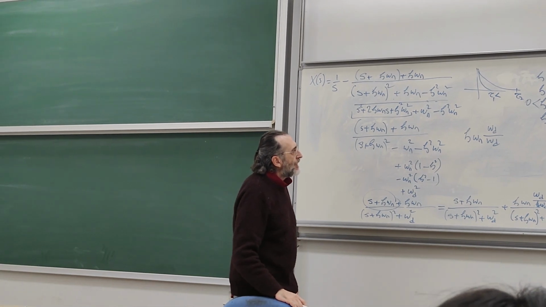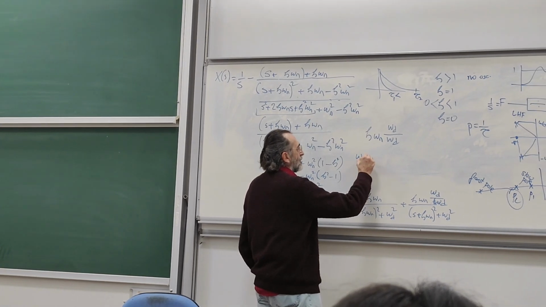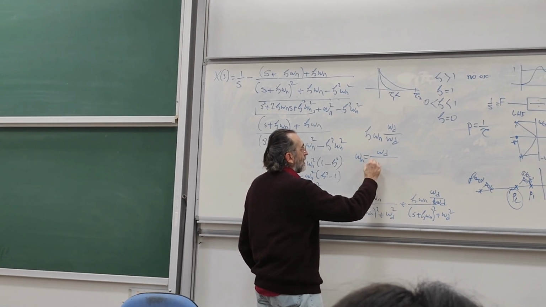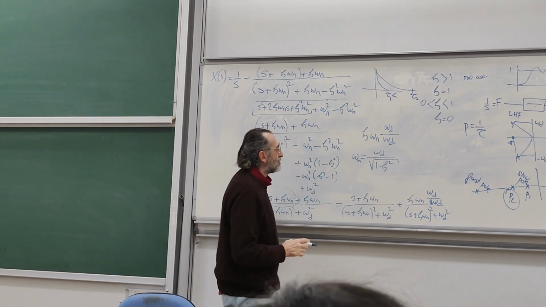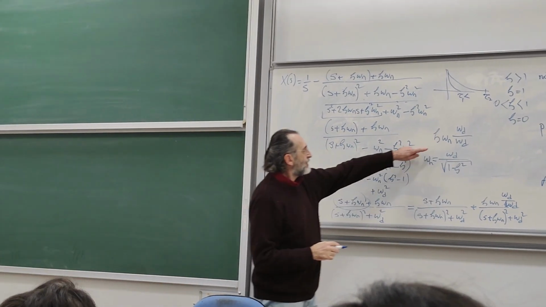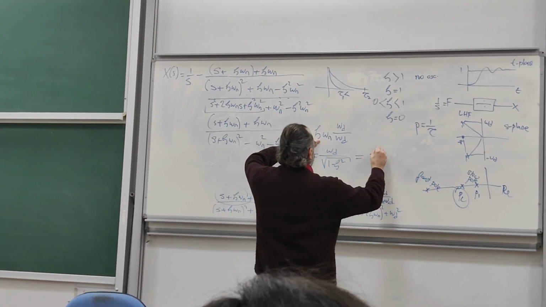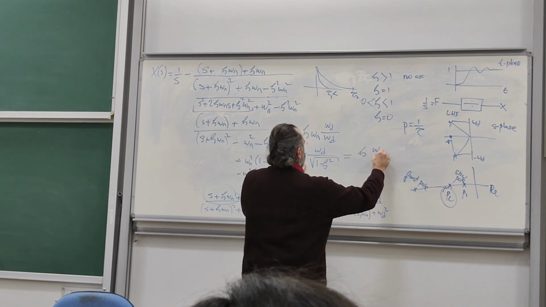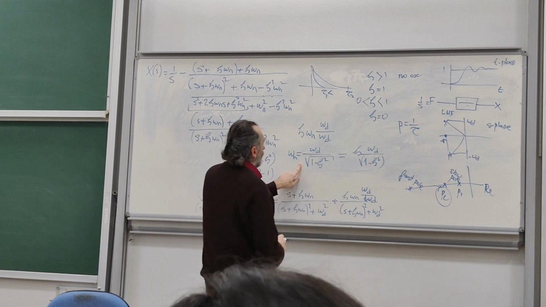And omega n is omega d divided by square root of 1 minus zeta squared. So if I put it in here, that's going to be equal to zeta omega d divided by square root of 1 minus zeta squared.